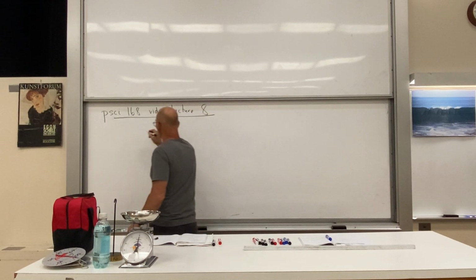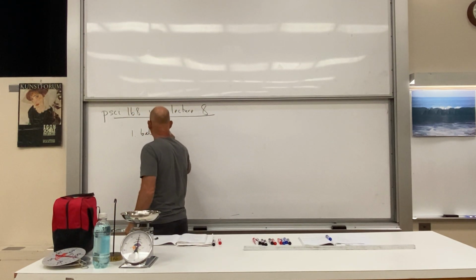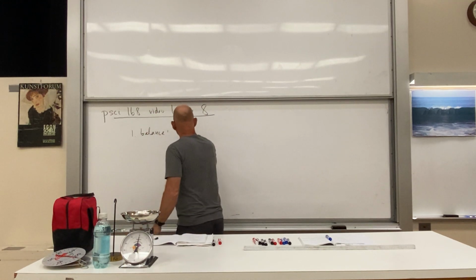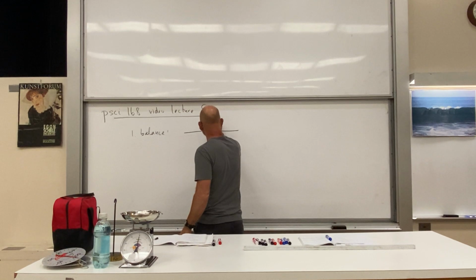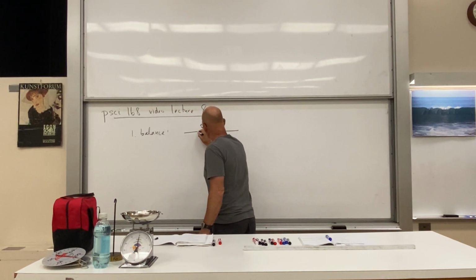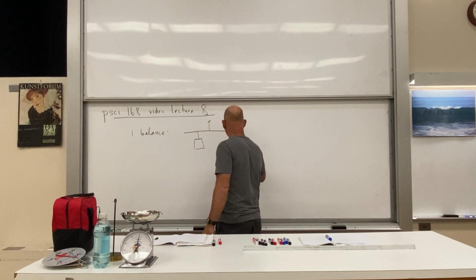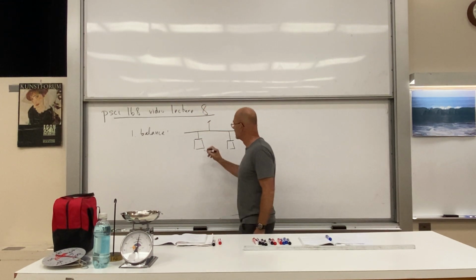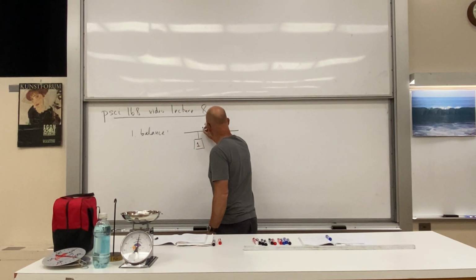The first thing is we're reviewing the balance. We have some uniform object we suspend in the middle here, and then we can have a larger weight balanced against a smaller one. 1, 2, 1, 2.